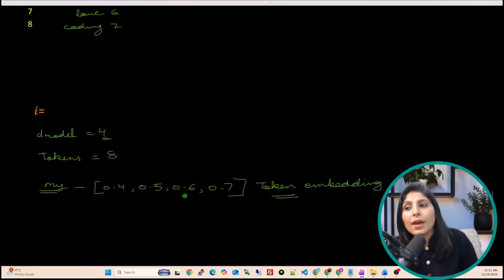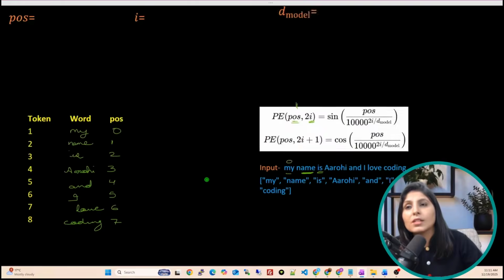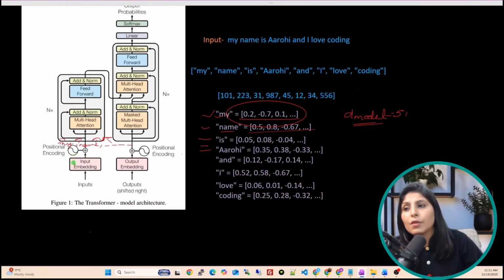And from where did we get these input embedding vectors? We got them from the input embedding layer. For "my" we have this embedding vector, for "name" we have this embedding vector. I'm showing you the example, and with this I will show you how we are going to add position with the "my" token.